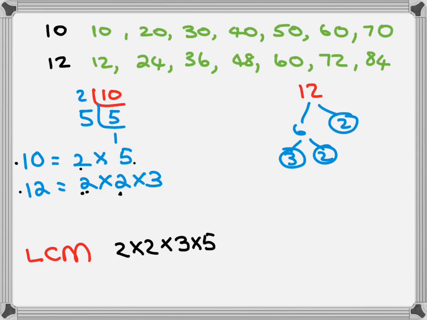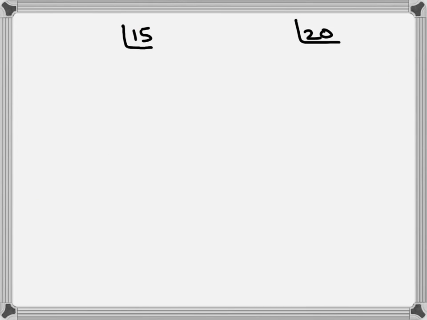So the one who has the most 2s is listed. There they are, 2 and 2. The one who has the most 3s is listed. There it is. And the one who has the most 5s. There we go. So we can do it that way going forward, just to show you that that's how lowest common multiple works out. So let's quickly factor these two using the ladder method. We're going to put 3 in here 5 times, 5 in there once.